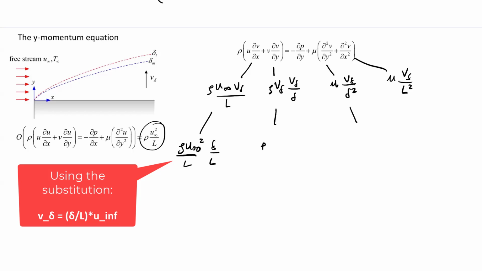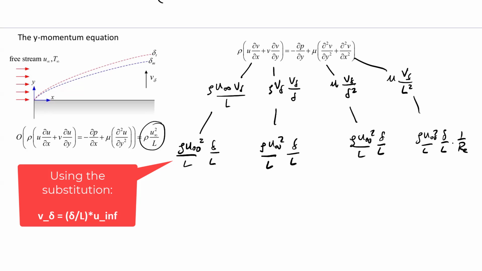So here we again had rho u infinity squared over L times delta over L. And here we have rho u infinity squared over L times delta over L. And then here we have rho u infinity squared over L times delta over L times 1 over Reynolds number. If you normalize them, that's how it ends up working out. I guess you have to take my word for it.